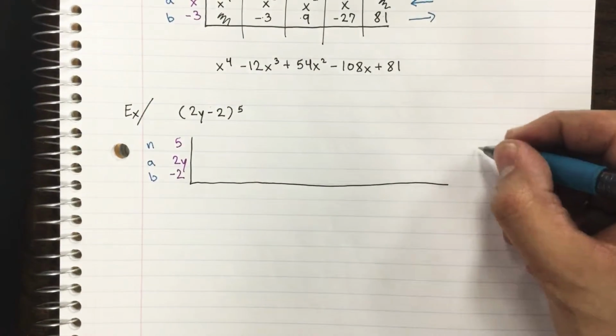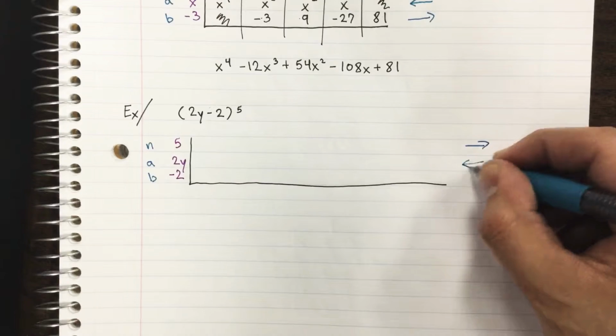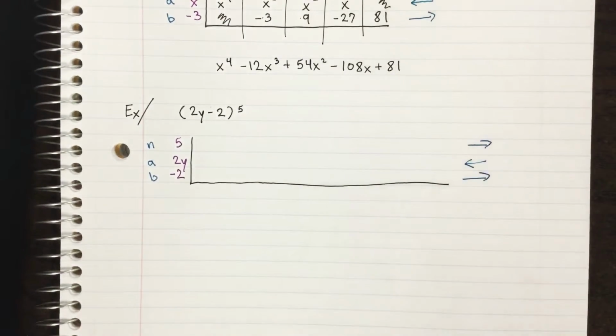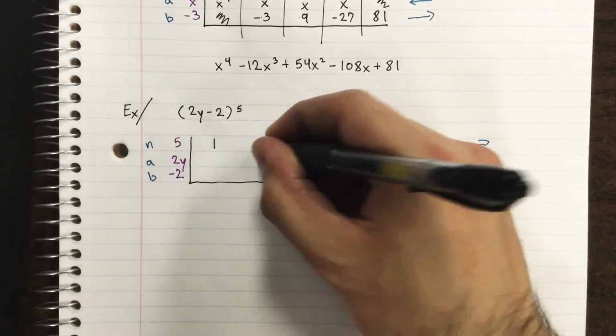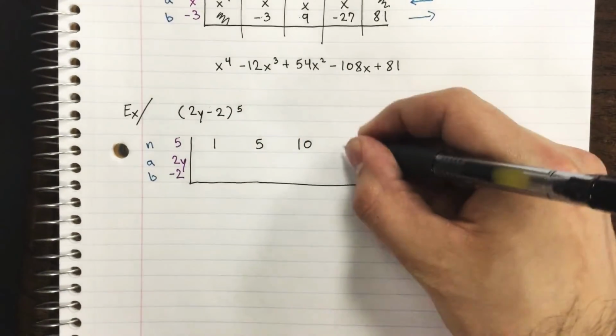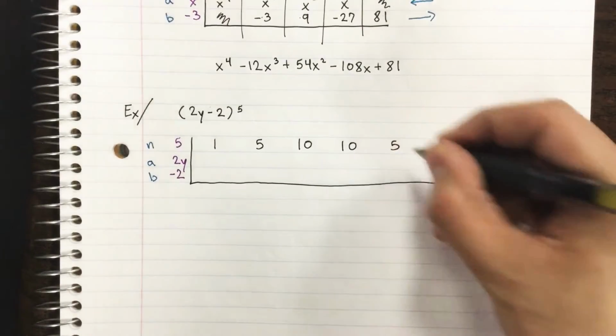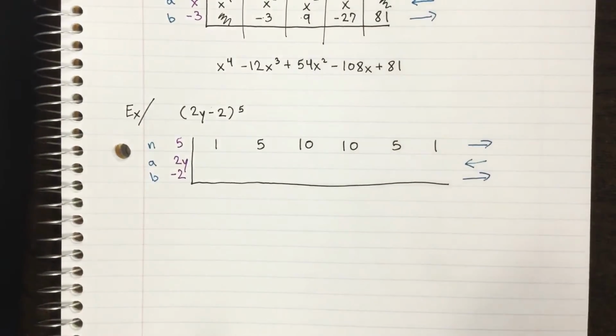And remember on the side, we're going zigzag. All right, so n row. What is the 5th row of Pascal's triangle? It's going to be 1, 5, 10, 10, 5, 1.